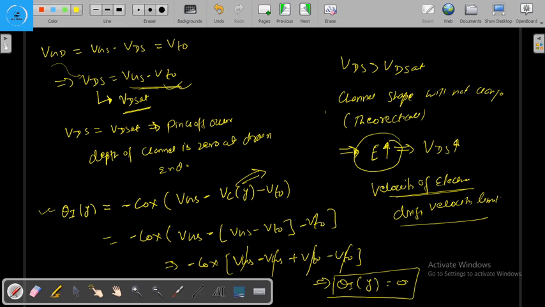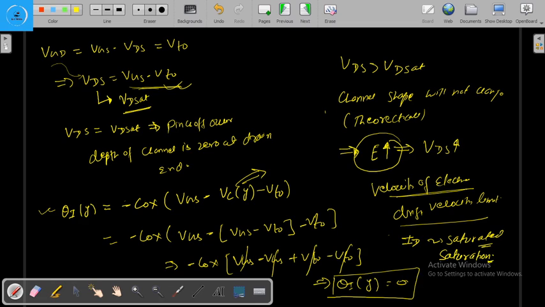And theoretically we can say the velocity of the electron is saturated, and hence theoretically the drain current is saturated, and hence this region of the operation is called the saturation region.